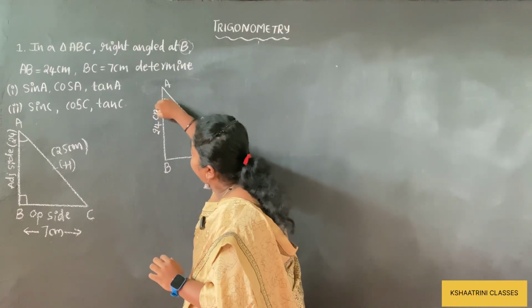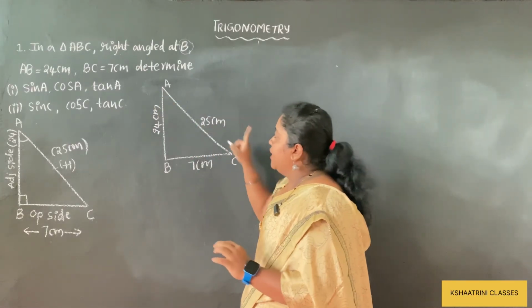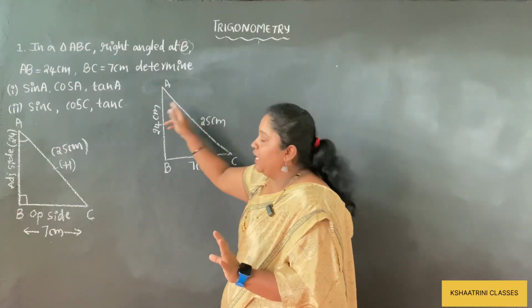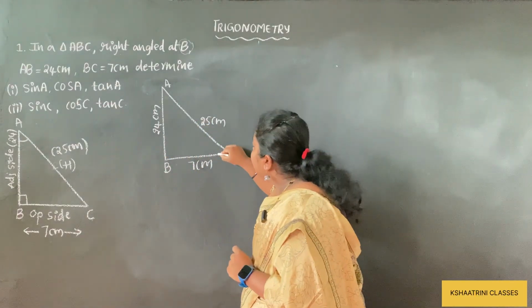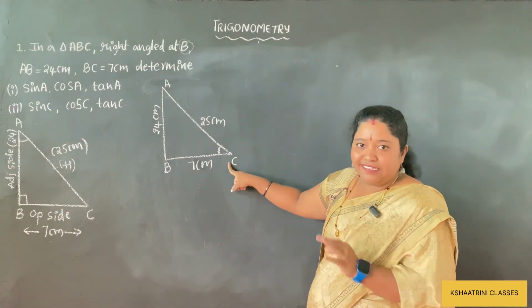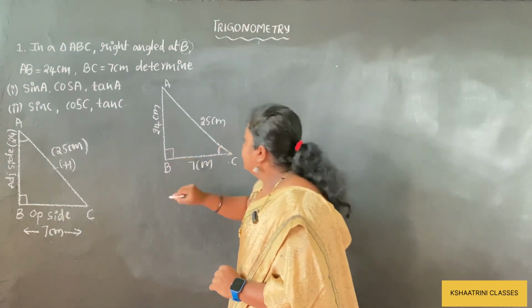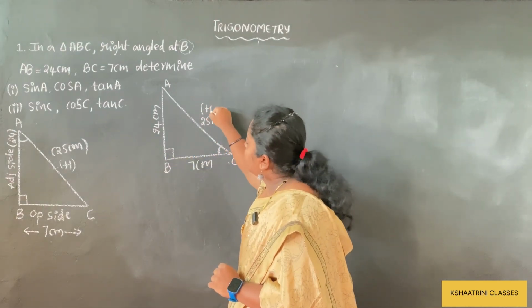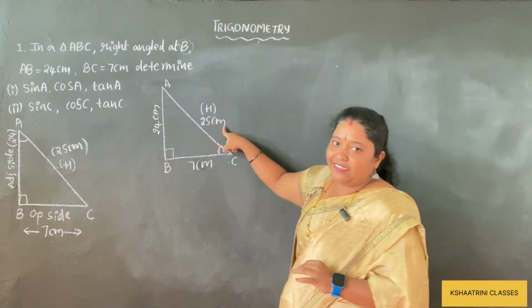This was 24, 25 and 7 centimeter, A, B and C. I have not changed any values or any vertices. But now we are writing the trigonometric ratios with respect to angle C. You know that if this is 90 degree, then sure it is the hypotenuse. The side which is opposite to 90 degree is the hypotenuse.